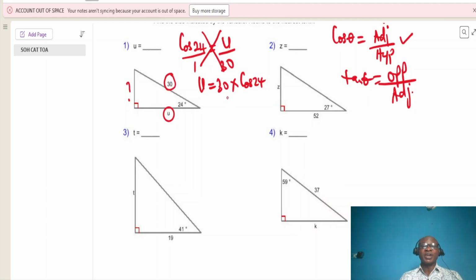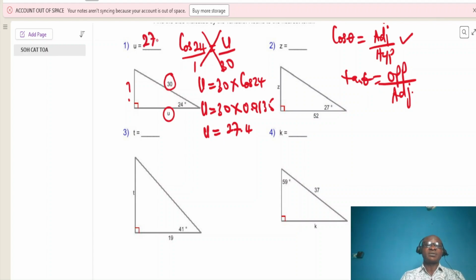It's going to give me u equal to 30 multiplied by 0.9135. When the multiplication is taken, I am going to get the value of u as equal to 27.4, because the question from the heading says to one decimal place. So what I will write here is 27.4. That is the answer.